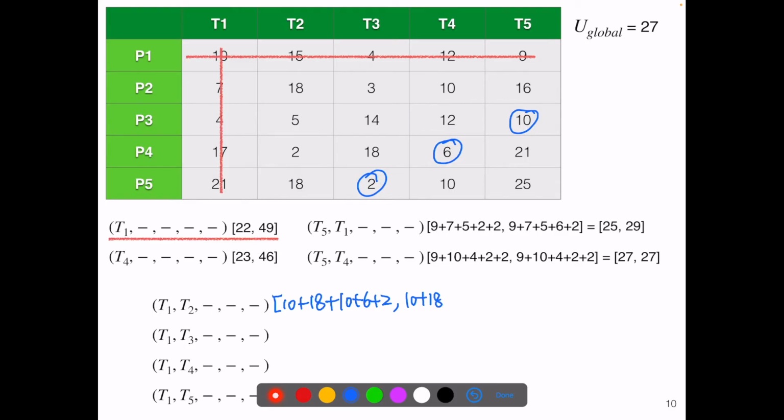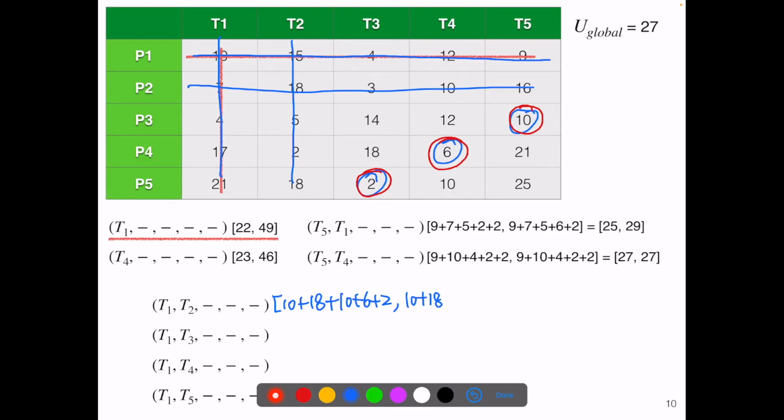And then we use the greedy heuristic. Once we have assigned T1 to P1 and T2 to P2, we can just ignore these 2 columns and these 2 rows as well. And then we assign T5 to P3, T4 to P4, and T3 to P5.